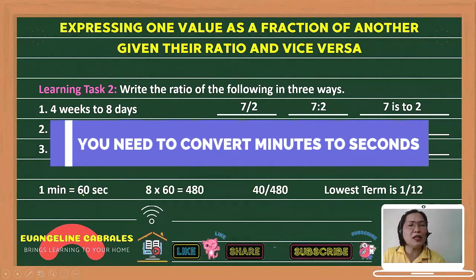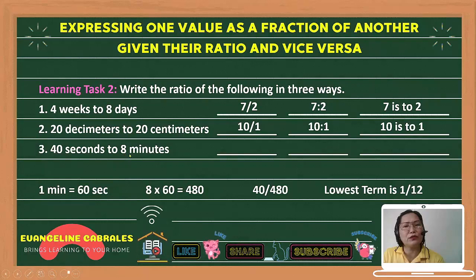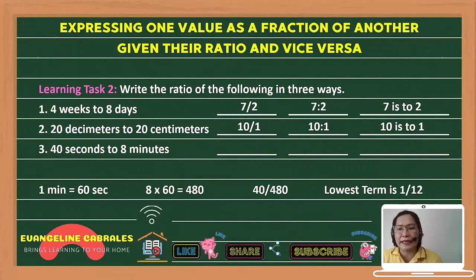So, 1 minute equals 60 seconds. So, we will convert 8 minutes to seconds. So, we will multiply 8 by 60. The answer is 480. So, 40 seconds to 8 minutes is equivalent to 40 is to 480. The lowest term is 1 is to 12 because we divided 40 and 480 by 40.